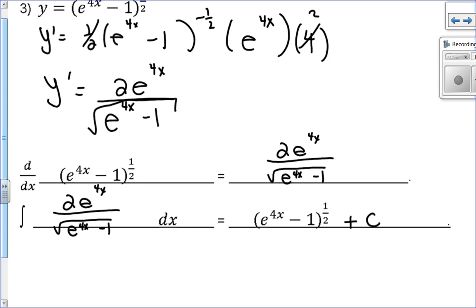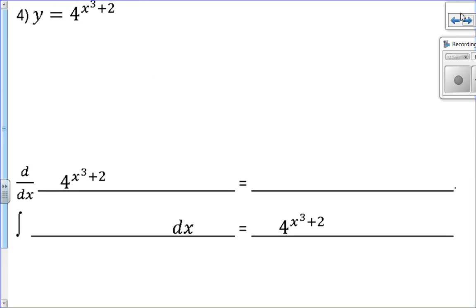Okay, one more example that we'll do. I've got y equals 4 to the x cubed plus 2. Let's do the derivative of that. The derivative of 4 to the x cubed plus 2 is the exponent itself times the natural log of the base.